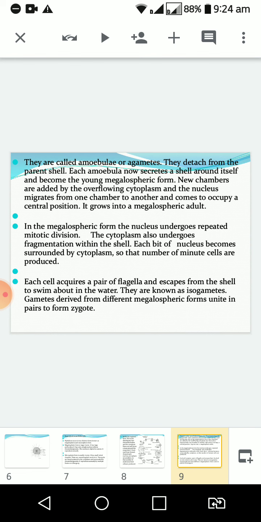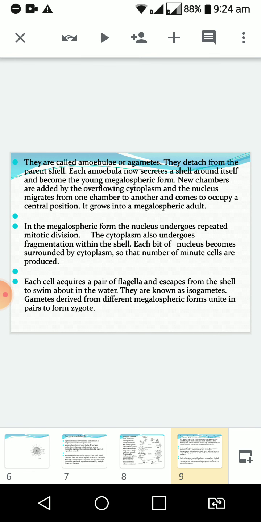Now the chambers are added by the overflowing cytoplasm, and the nucleus will migrate from one chamber to another and come to the central position, and this will grow into the megalosporic form.